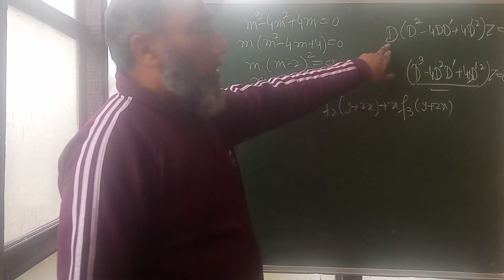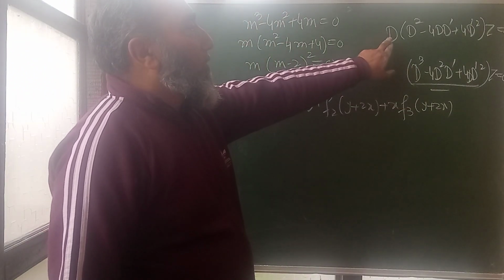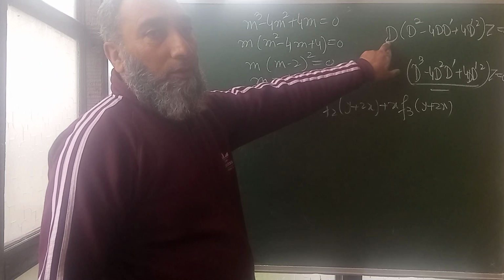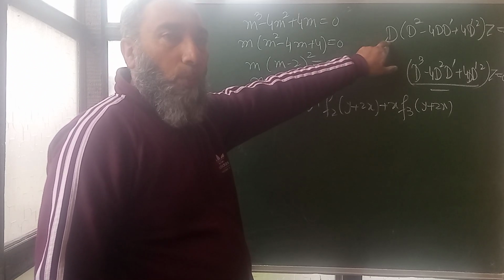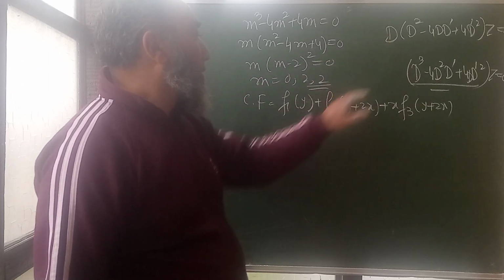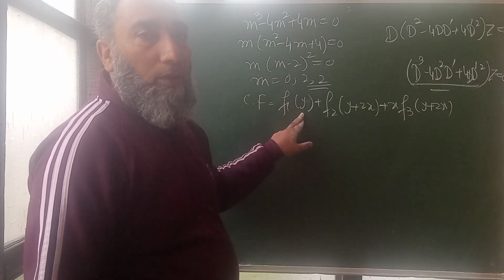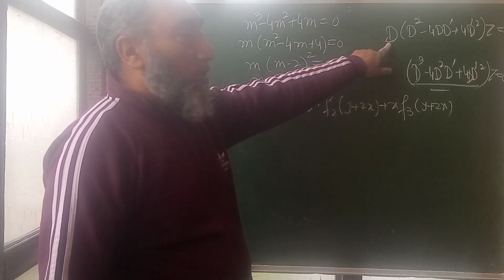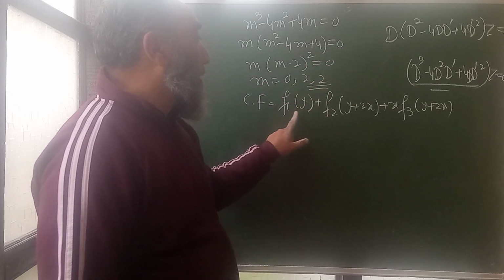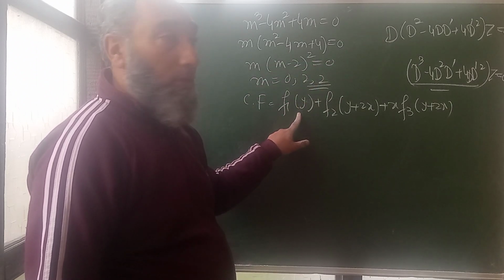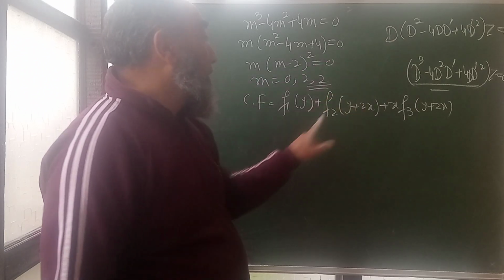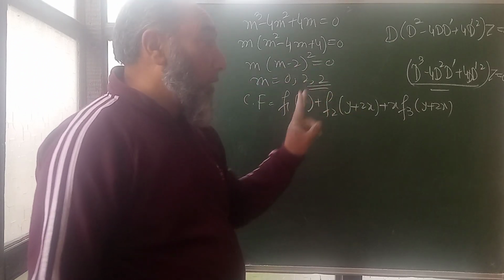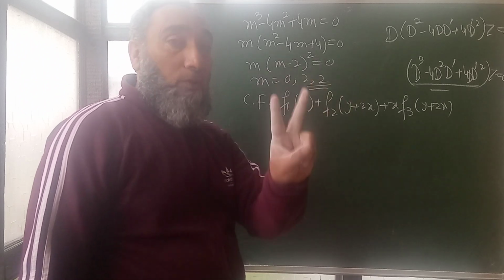So when I have D only, not D minus mD', I have got f of y only. If D' is common, I will get f of x. You have to see it yourself. If I have D squared, I will get f of y plus x times f of y.